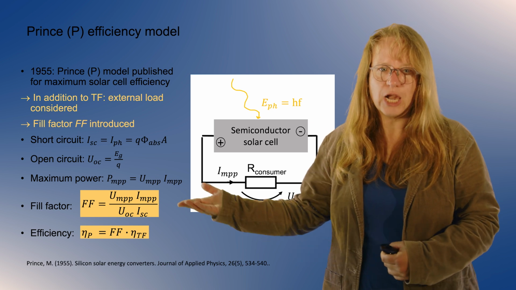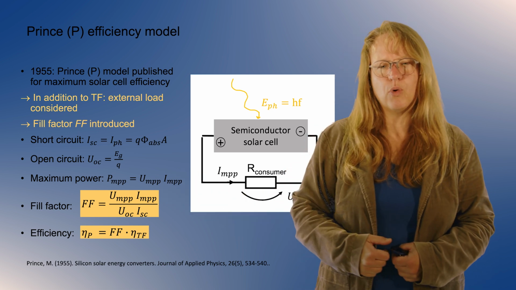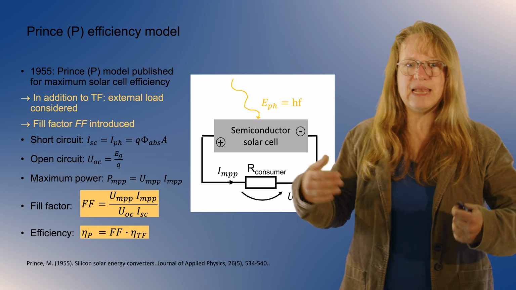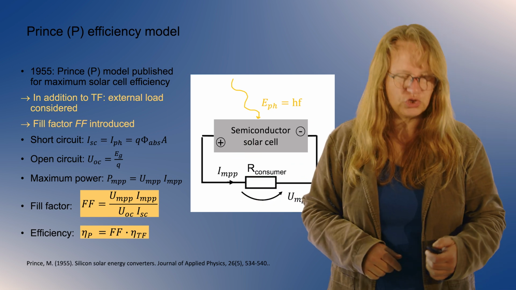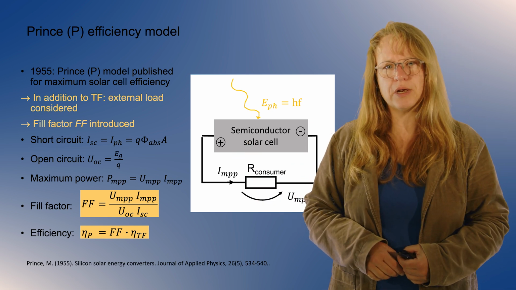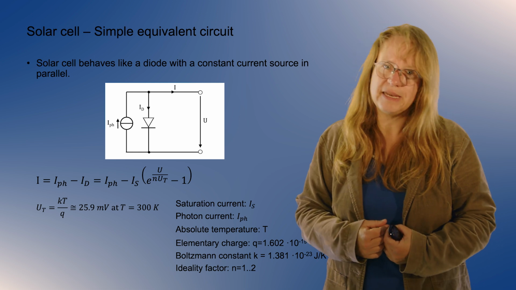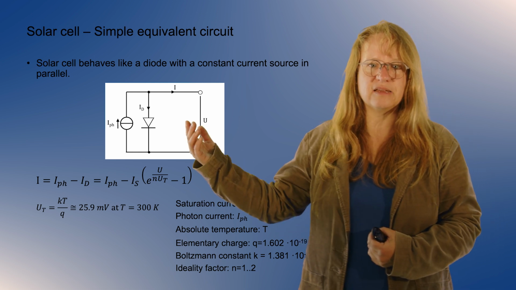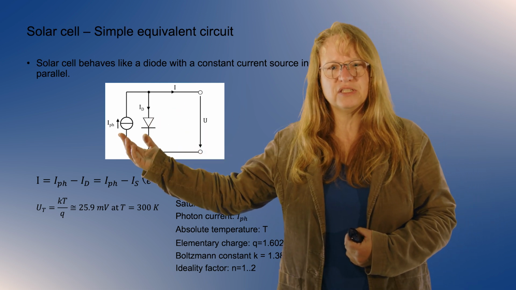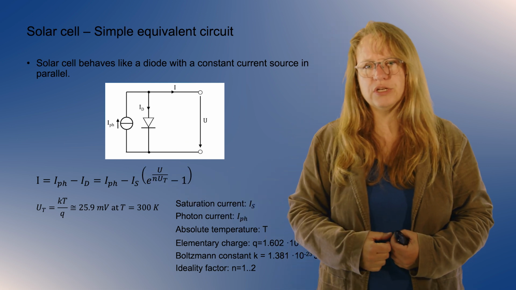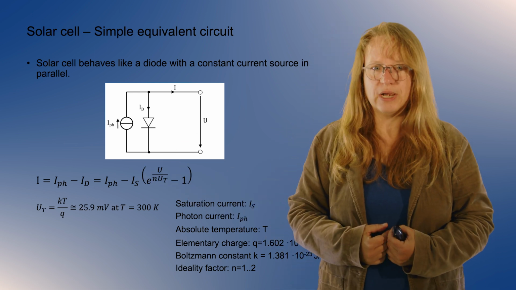And in order to calculate what the maximum power point is, you need to have some electric model for the semiconductor solar cell. The simplest model is to assume that the solar cell behaves like a diode that has this photocurrent source in parallel with it.